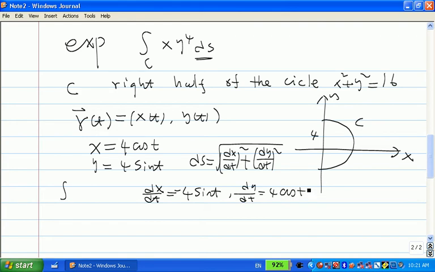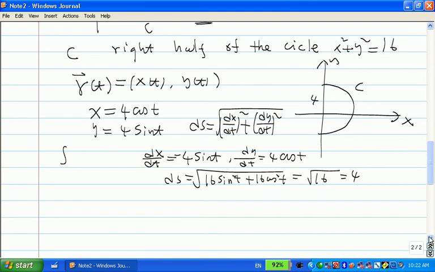So your ds is the square root of 16 sine squared t plus 16 cosine squared t, which is the square root of 16, giving you 4. So we found that.